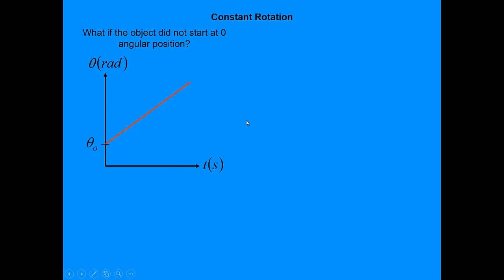So the y-intercept of an angular position versus time graph is what's known as the initial angular position, theta sub O. So if we want to make a math model of this slightly more complex version, y equals mx plus b, y variable is the angular position, that equals the slope, which we have now defined as the angular velocity, x variable is the time, plus the y-intercept, which we now know is the initial position.